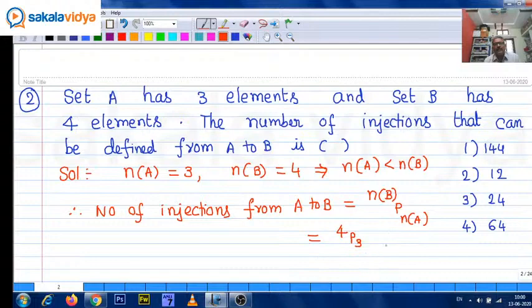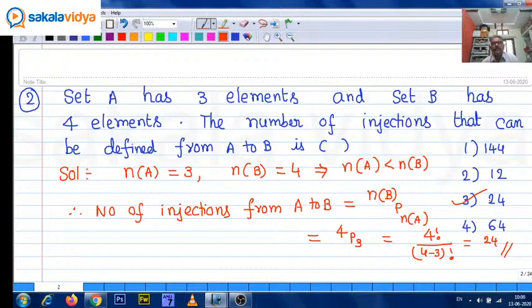4P3 equals what we can write now? 4 factorial by 4 minus 3 factorial. You know the nPr formula. What is nPr? N factorial by N minus R factorial. Right? So this is equal to 4 factorial, which means 4 into 3 into 2 into 1, that is 24, upon 1 factorial. 24. So third option is the right option.